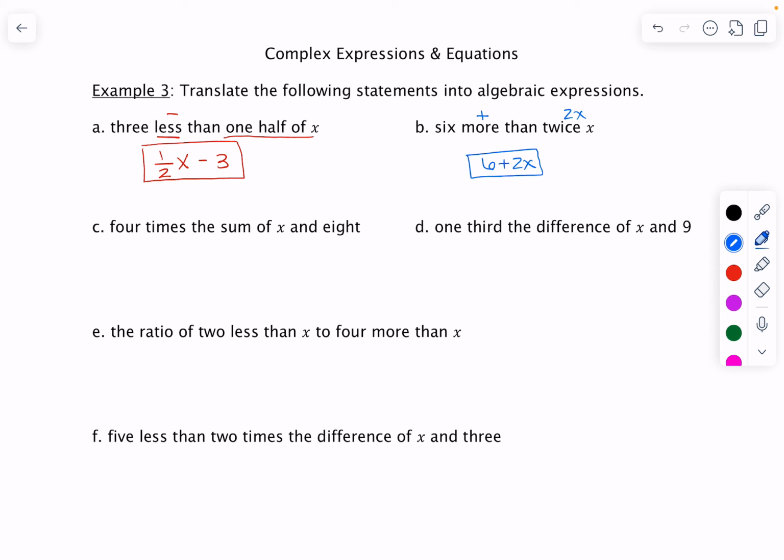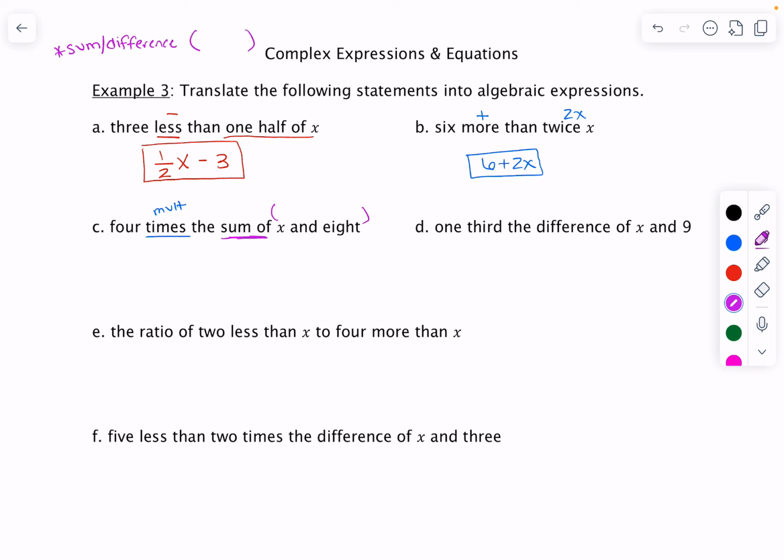For C, this one's a little tricky. I've got 4 times, so that means multiply. And I've got this sum, I'll use a different color here. Sum means addition, but this sum of phrase means that you're going to use parentheses. So sum of is special. So sum of, I'll put it up here, or difference of means that you use parentheses.